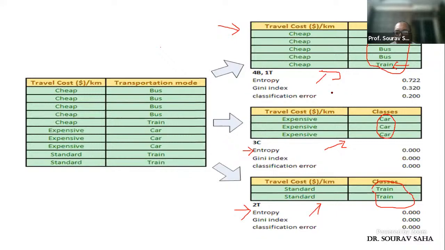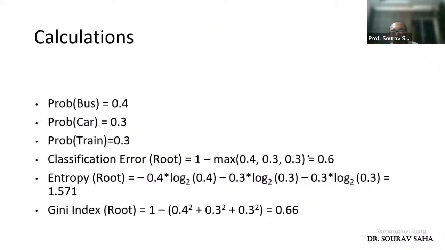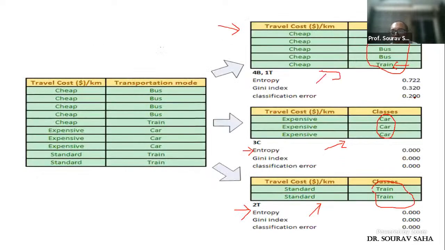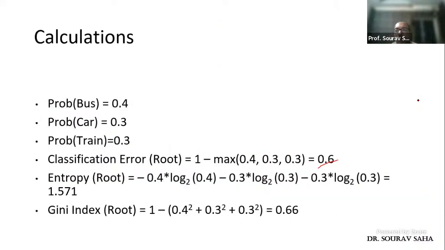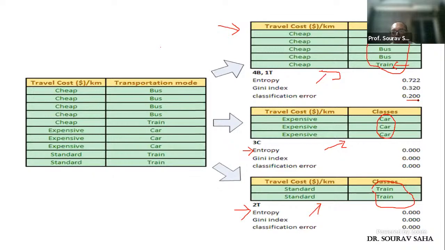So let me take the classification error. At the root node, my classification error was 0.6. Here it is 0.2, but for only 5 by 10 of the data, or half of the data. So half of 0.2 is 0.1. 0.6 minus 0.1 will be 0.5.